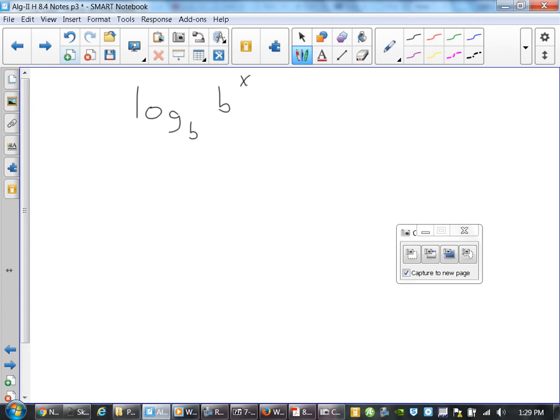When you have log base b of b to the x, basically logarithms have a base, and anything written to an exponent also has a base. So in this case there are two bases, and those bases are the same. If those two bases are the same, your answer is the exponent.